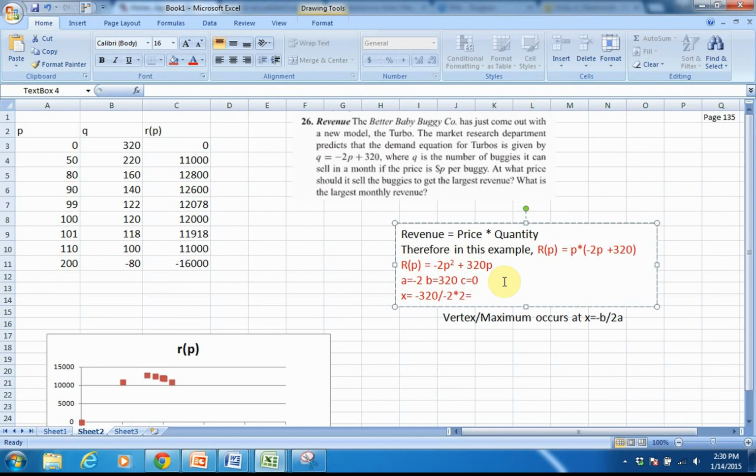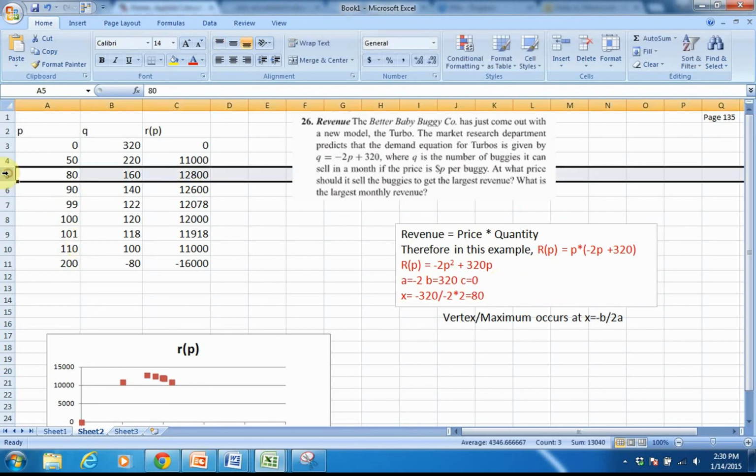When I reduce that, I'm looking at -320 divided by -4, which in fact is +80. When x is 80, we reach our maximum revenue.